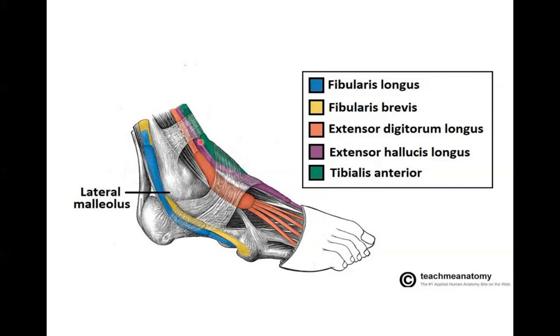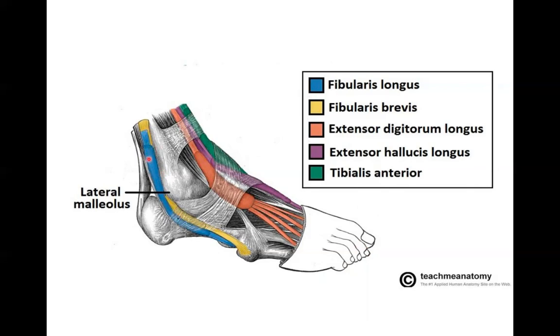Extensor hallucis longus has a tendon that runs all the way out to the hallux, to the big toe. Extensor digitorum longus has a tendon that splits into 4 separate tendons, and those extend to phalanges 2 through 5.